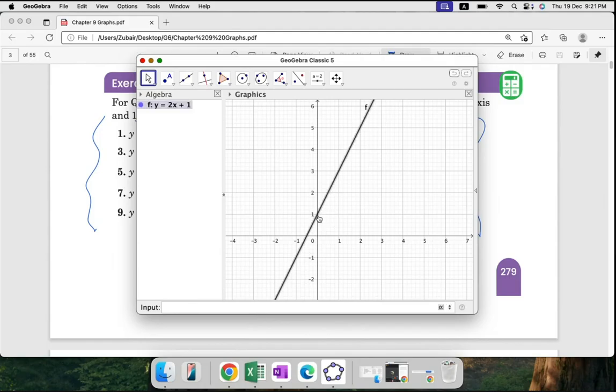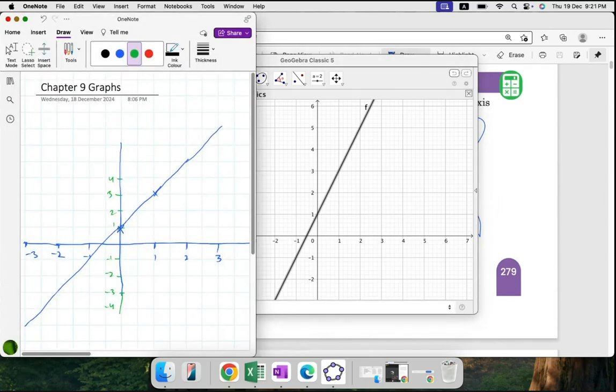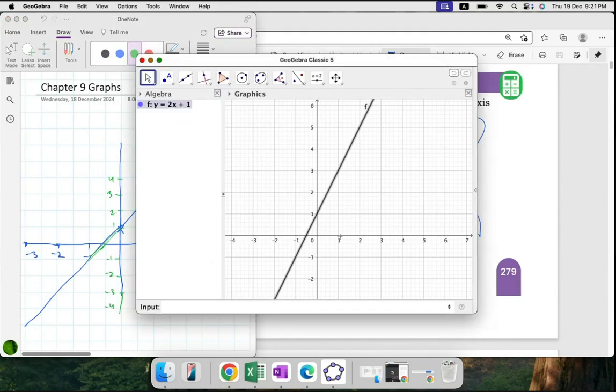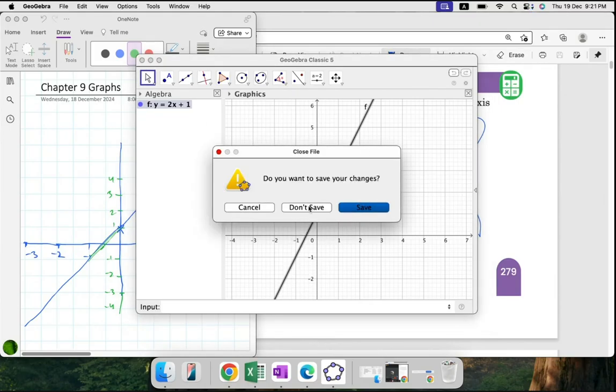It passes through x = 0, y = 1, and on the other side, it passes through x = -0.5 and y = 0, which are the y-intercept and x-intercept. I don't have so much control on the software to change this 1 to 0.5 and this 2 to 1, like 2 centimeters to 1 unit.